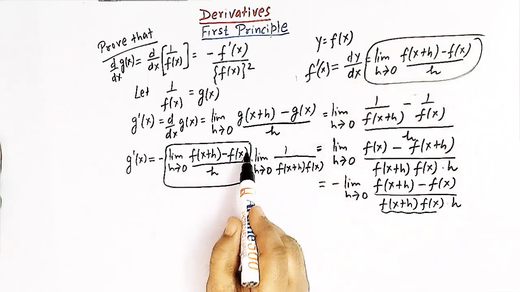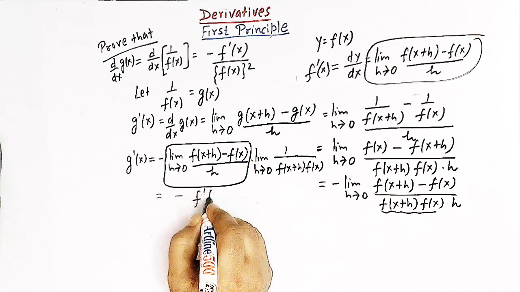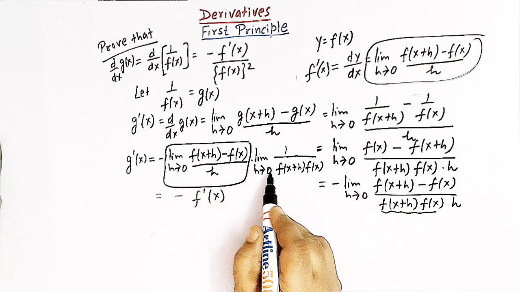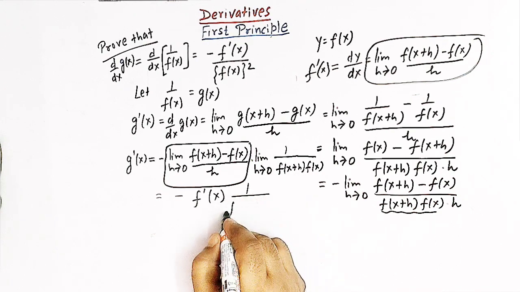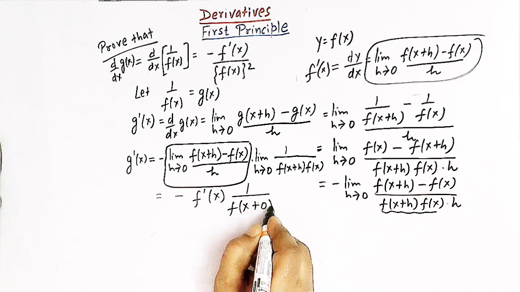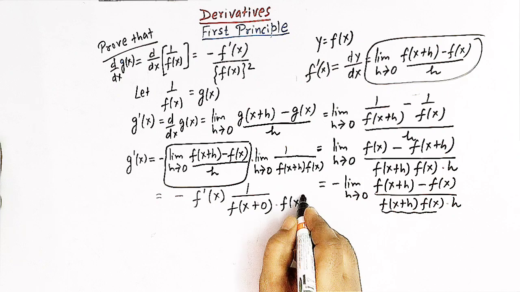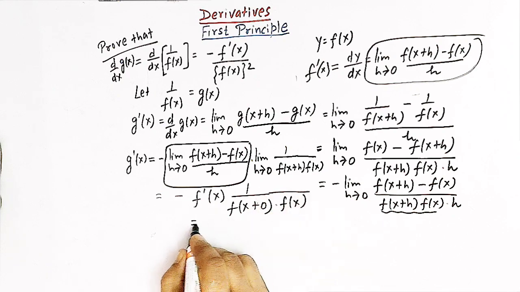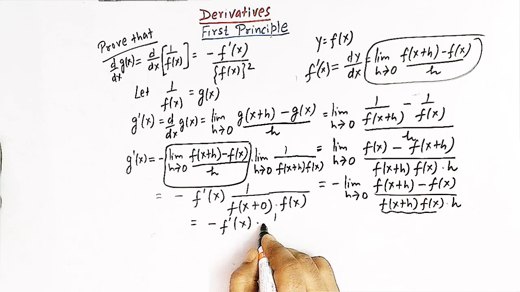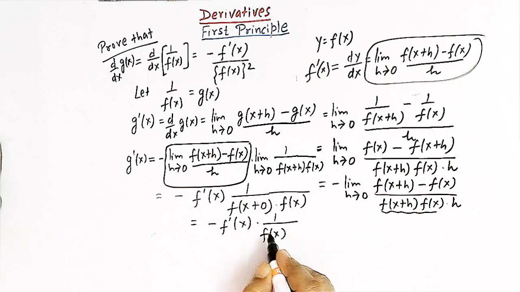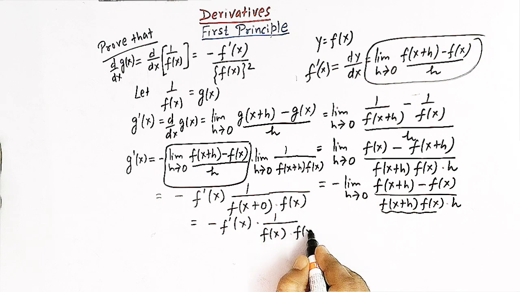So we have this quantity equal to f prime of x, and now taking the limit here, we can write 1 over f of x plus 0, taking h is equal to 0, and then we have f of x. So this is minus f prime of x multiplied by 1 over f of x, because x plus 0 is x, and here we have f of x.